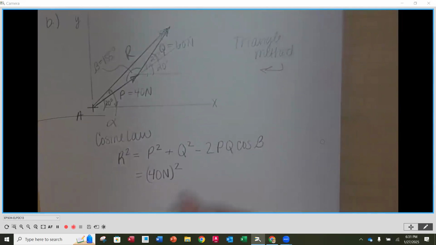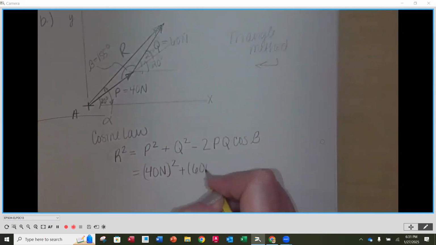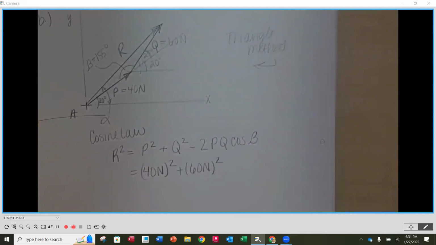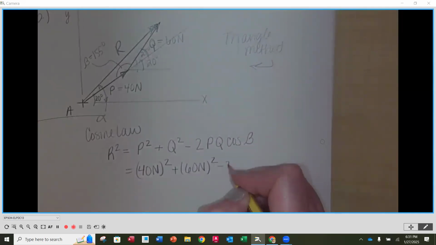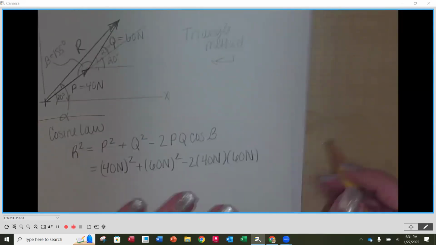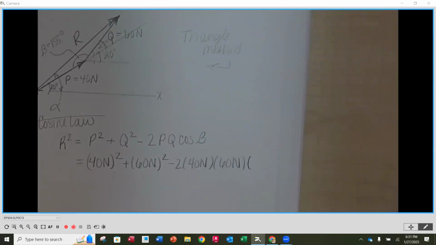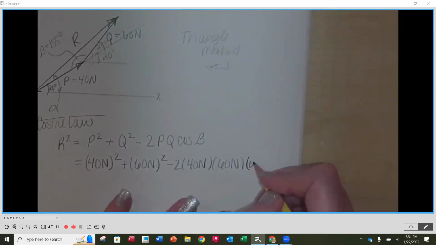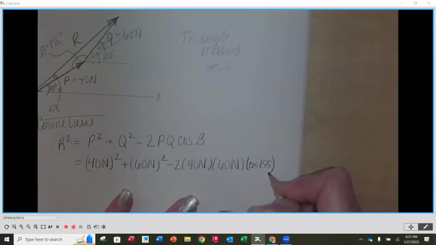We're going to square that quantity, plus 60 newtons squared, minus 2 times 40 newtons times 60 newtons times cosine 155. So I'm going to try to sneak this in here, 155. Okay.